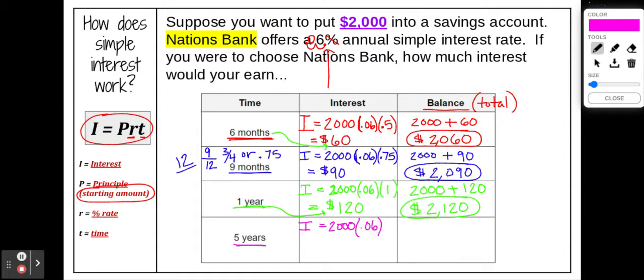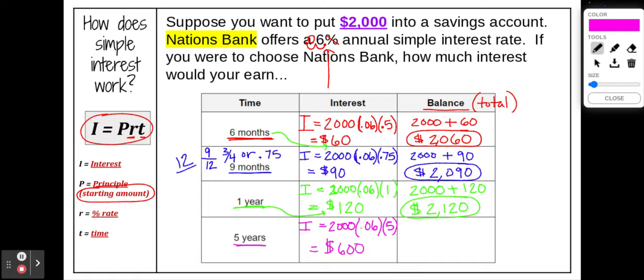And now the time, again, is in years, and this is 5 years, so we want to multiply it by 5. So when you do that, calculator, 2,000 times 0.06 times 5 should tell you that you would earn $600 in interest. Wow, you just make $600 for nothing, for free, right?